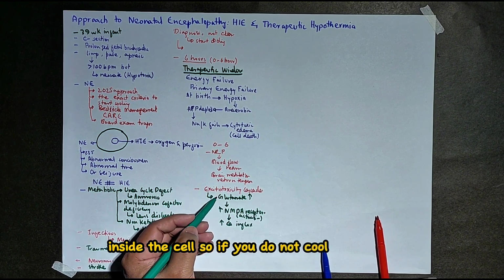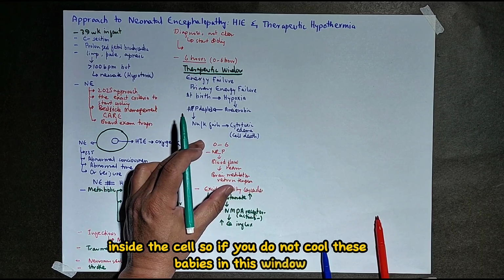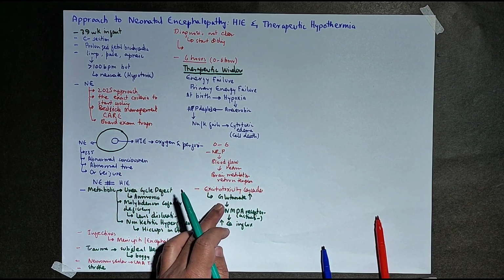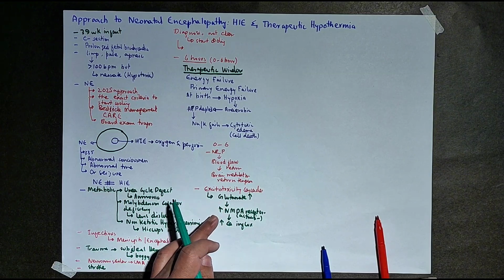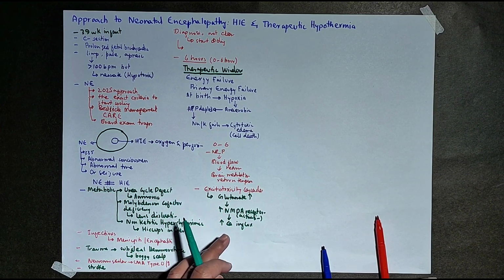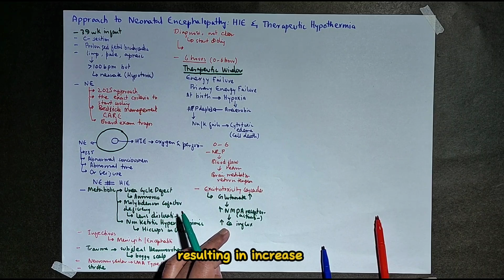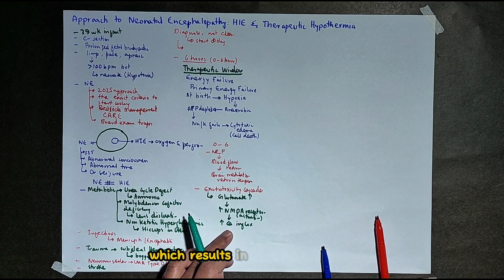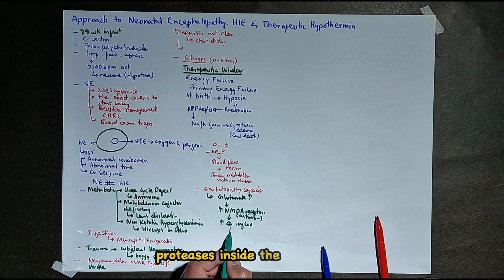So, if you do not cool these babies in this window, glutamate levels rise, resulting in overexcitation of NMDA receptors and a massive flow of calcium inside the cell, which results in activation of proteases inside the cell.